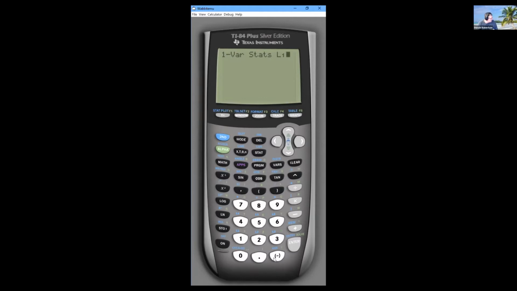And I hit enter. And here's all the good stuff. In fact, not only all the good stuff, a whole load of other good stuff that I don't need right now. Do you see that little X bar? The mean. And in this case, 29.4, because I'll round it off.